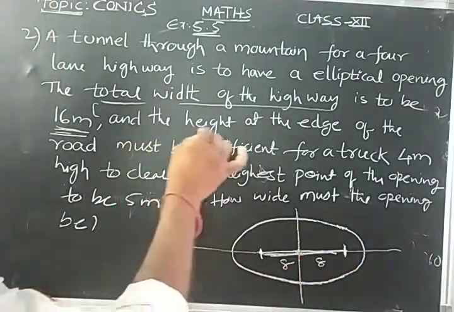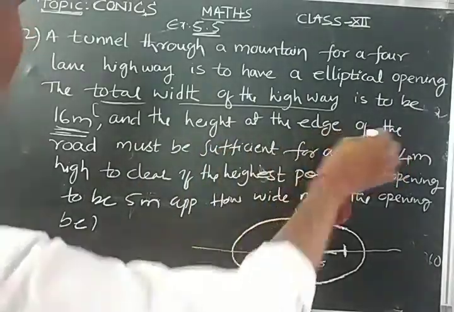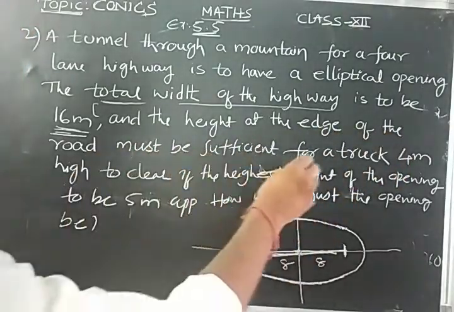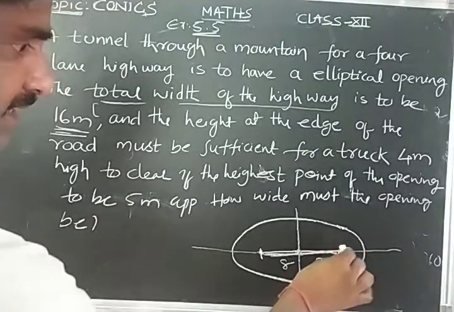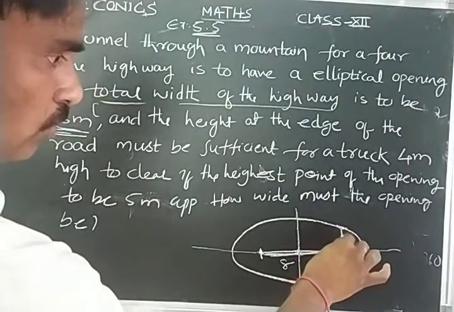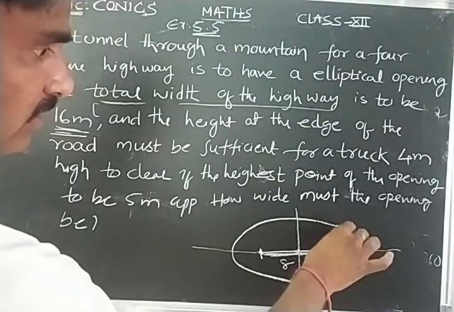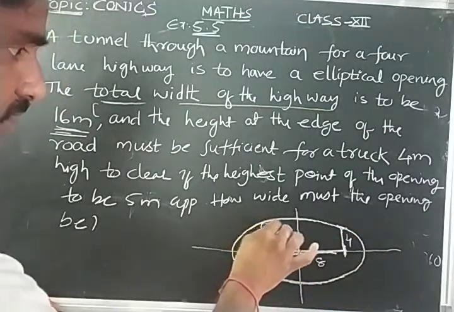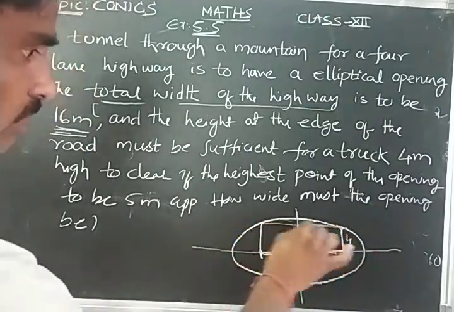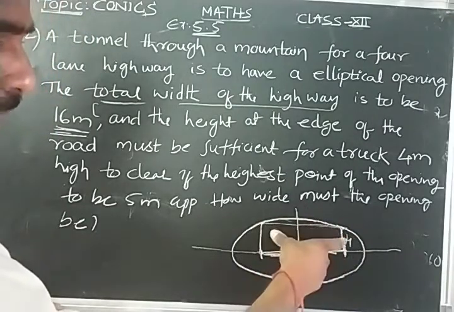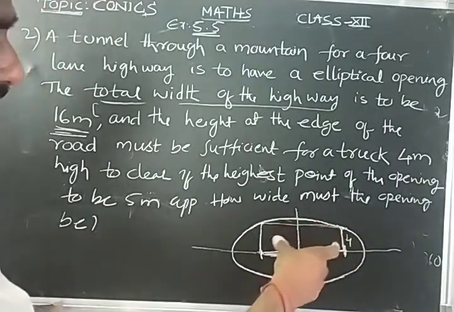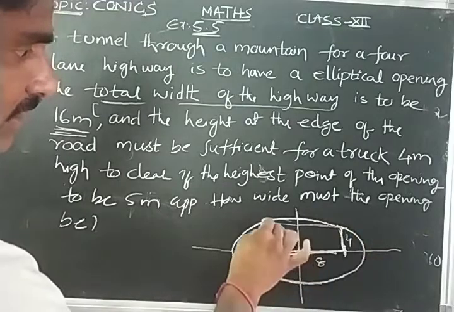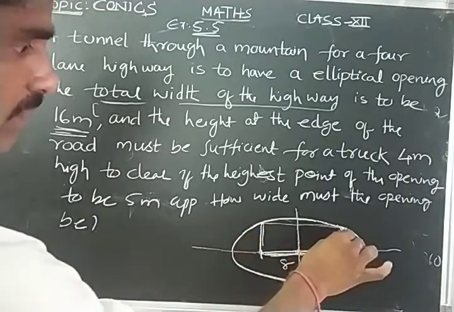Next, the height at the edge of the road must be sufficient for a truck, 4 meters. At the edge of the road, for a truck to move, the height should be 4 meters. Suppose this is the truck; it can move through the elliptical tunnel, so the height is 4 meters.